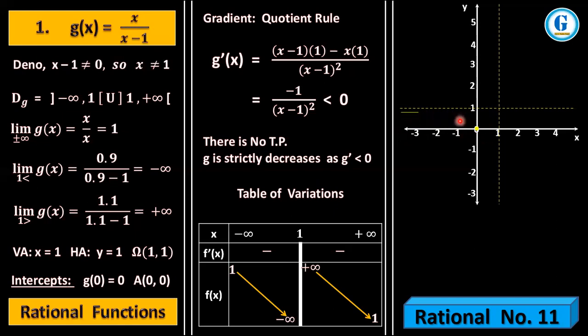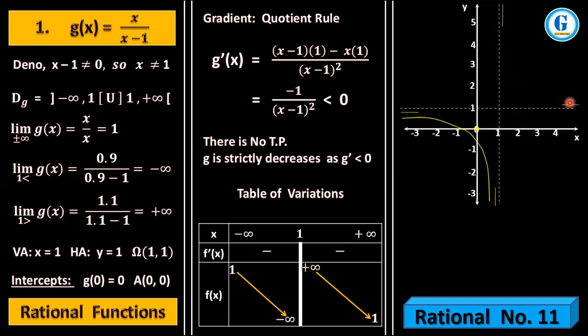It passes through the origin, and as x tends to 1 from below, it was negative infinity, so we have this line. Then as x tends to 1 from above, it starts at positive infinity, as you can see from the variation table, and therefore it should decrease in this direction, like this.